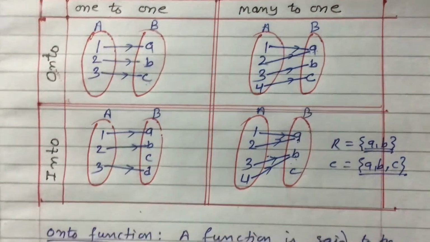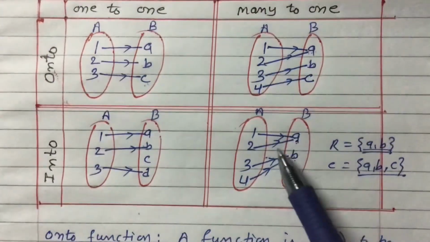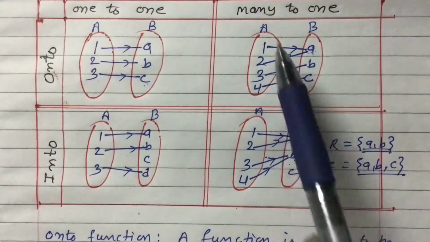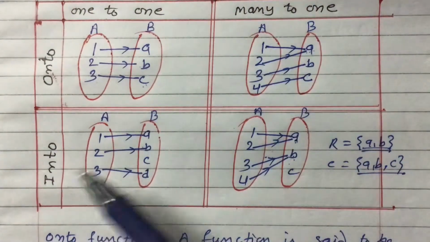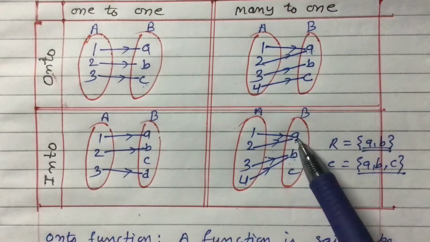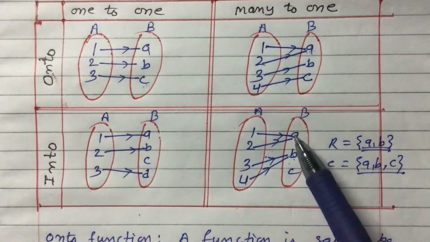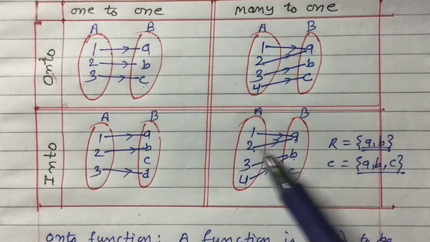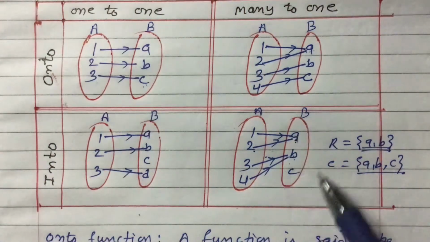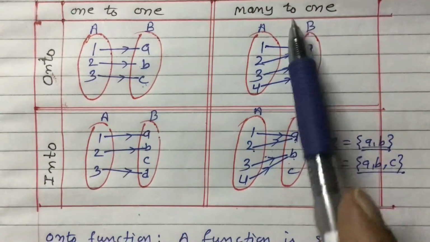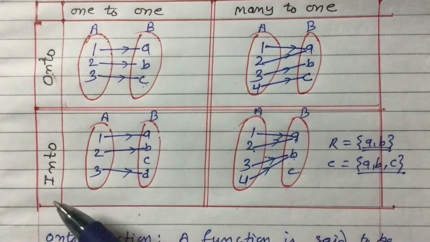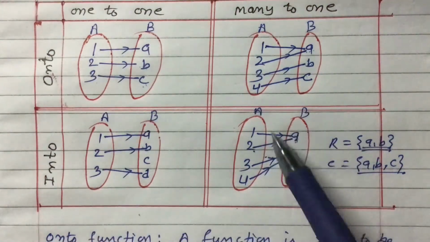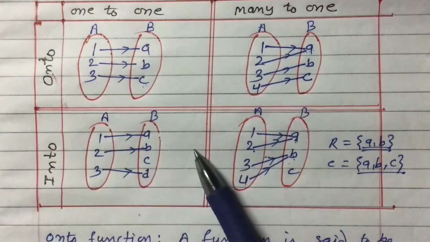Similarly, we can define many-to-one into function also. A function is said to be many-to-one into function if at least one image has more than one pre-image and range is a proper subset of codomain. In this way, we can define all four types of function.